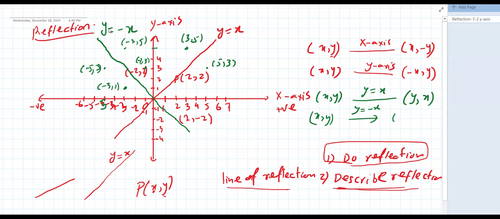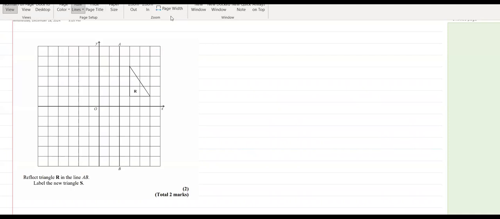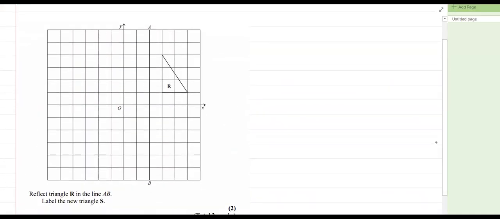So let's see. Let's have a look at this question. This question is given here, and you have been asked to reflect the triangle R in the line AB. I told you when you have to do the reflection, what will be given?